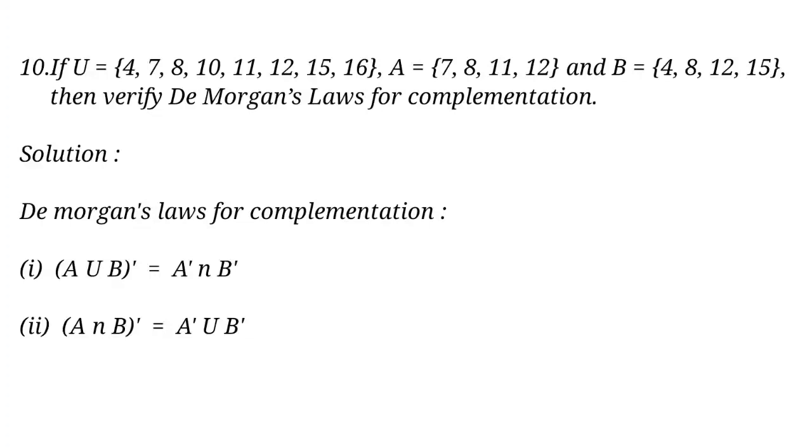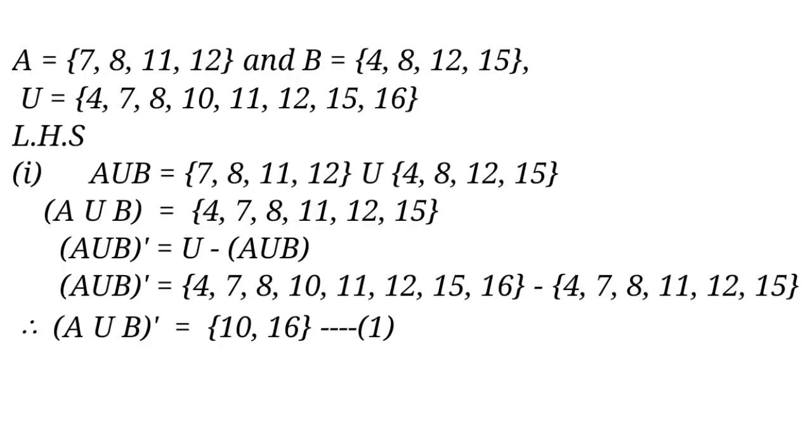First one, (A union B)' is equal to A' intersection B'. Second one, (A intersection B)' is equal to A' union B'. Given A is equal to {7, 8, 11, 12}, B is equal to {4, 8, 12, 15} and universal set U is equal to {4, 7, 8, 10, 11, 12, 15, 16}.